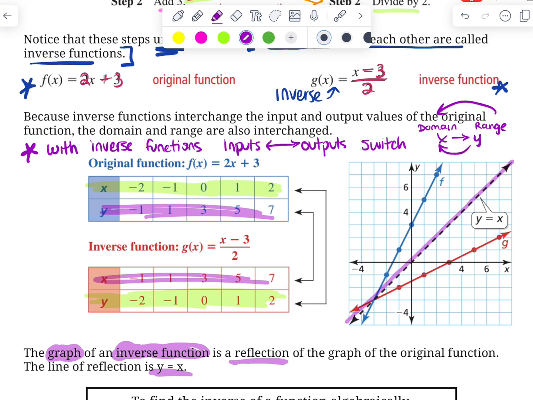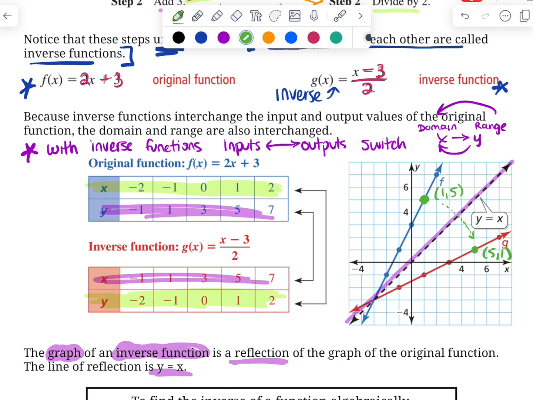That's because if you take any point along the function, here's my function, I've got a point at 1, 5, that point gets switched in the inverse to 5, 1. It's not quite symmetric because it's not one function's symmetry, it's a pair of functions, but that's what they appear like visually.